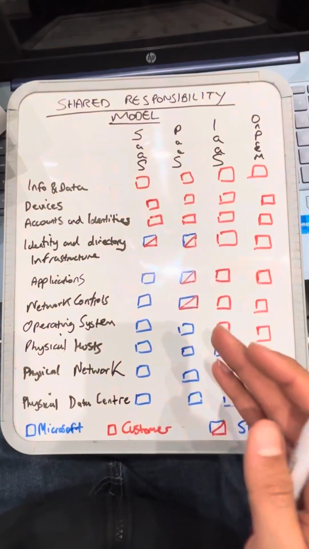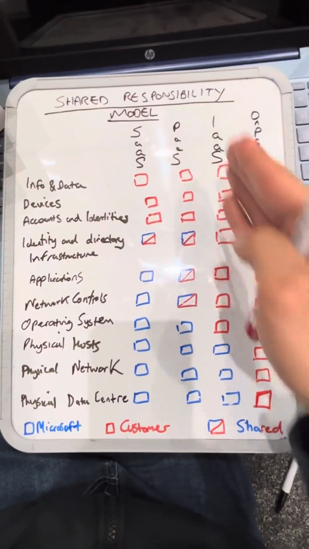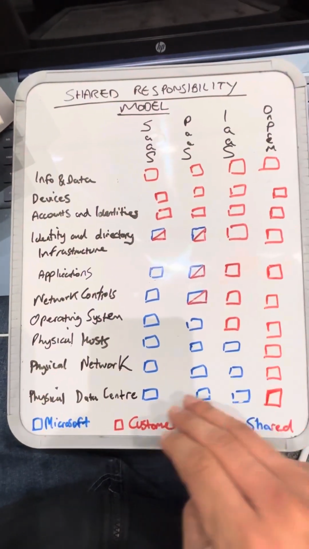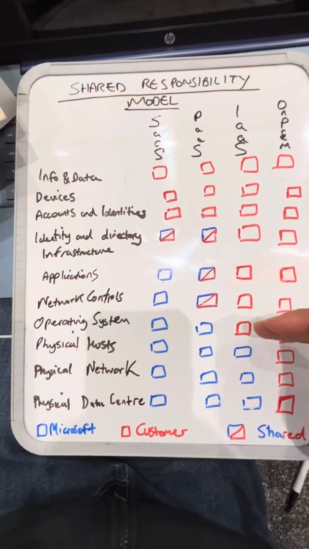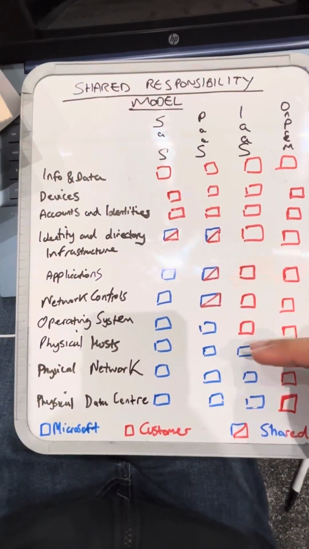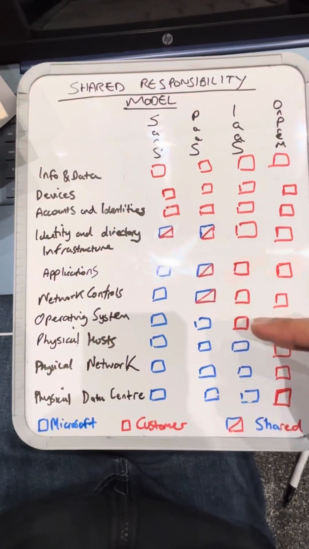But when it comes to infrastructure as a service, we start to see that Microsoft, or whoever the cloud provider is, starts to take on some of the responsibility. So here it is just for the physical host, network, and data center.